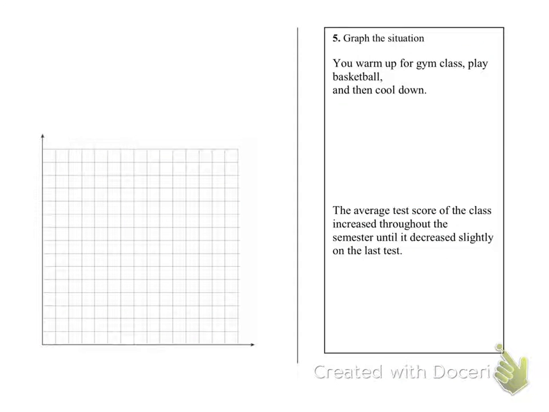All right, we are going to look at this one. I'm going to do it right here, though. So you warm up for gym class, play basketball, then cool down. So we'll say this is the length of class and time. And then we'll say this is your temp.